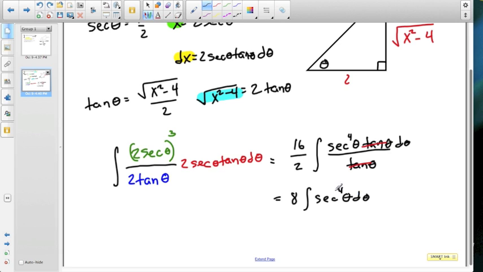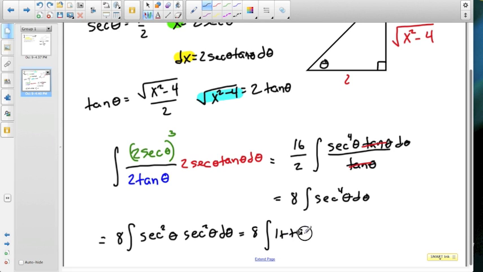So we have a secant to an even power. Back from our secant tangent rules, we know we're going to save a secant squared. If we save a secant squared, we also have a secant squared left over to convert. We're going to convert that other secant squared to 1 plus tan squared theta, using that identity from the last section.